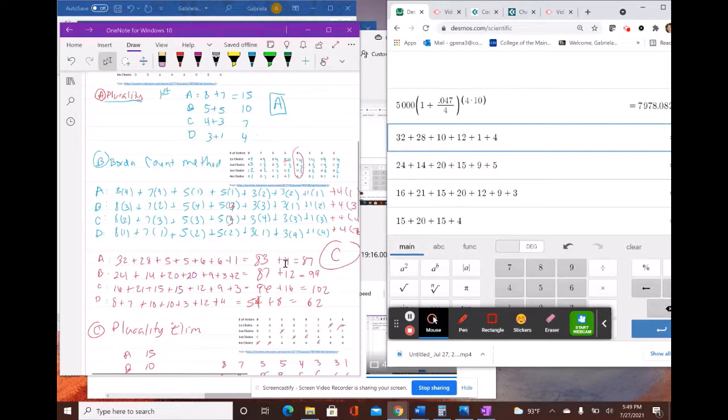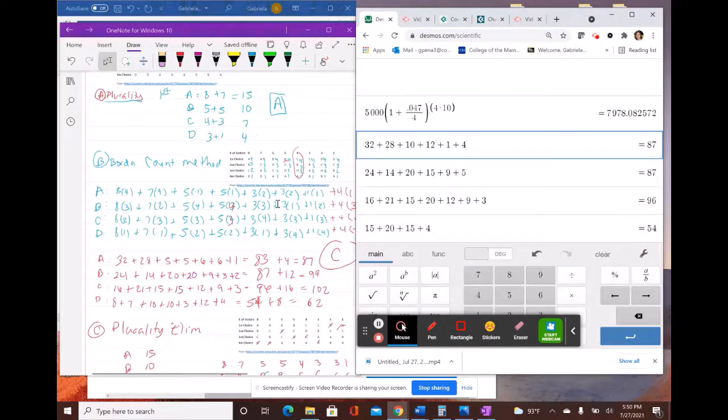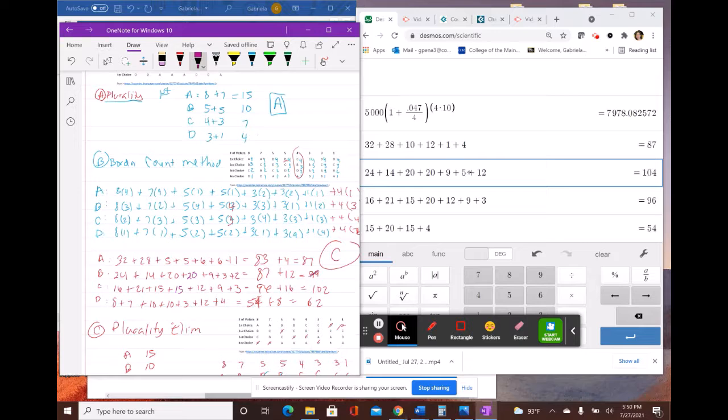And it should be, give me 1 second, should be 87. Okay. And then this one, 24, this should have been a 20. And we have 9 and then the 5 and then the last 12 for that 4 times 3. So this is really supposed to be 104.